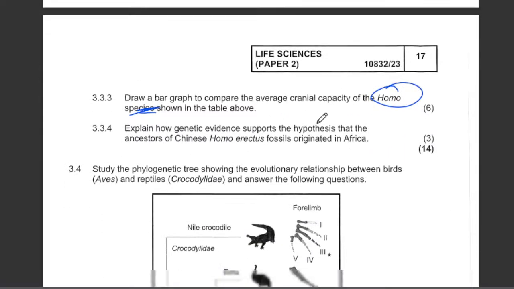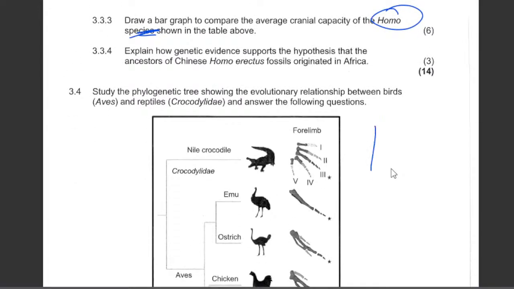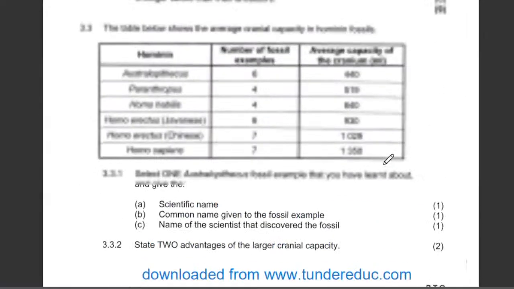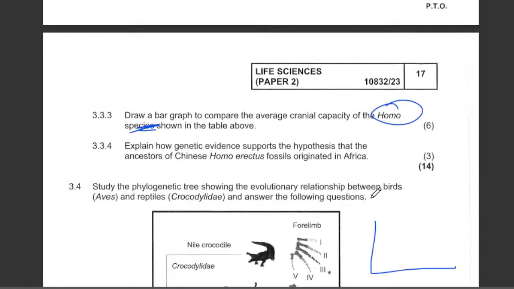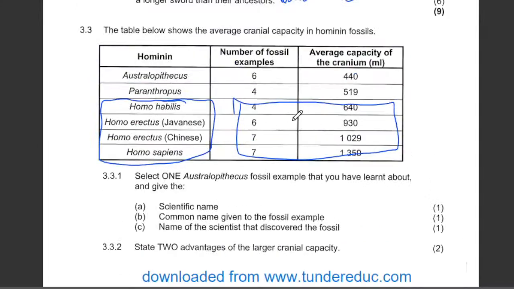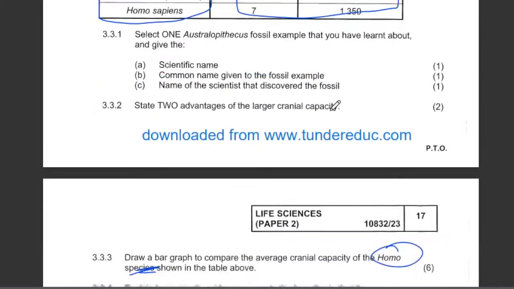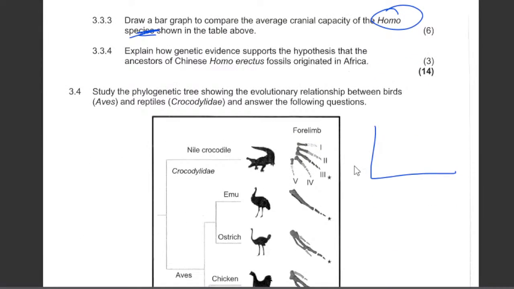You're supposed to draw the bar graph, but what goes on the x-axis, what goes on the y-axis? Hominids go on the x-axis. So you tell us the hominids here, and for the y-axis, they're saying cranial capacity, so the cranial capacity is supposed to be here.